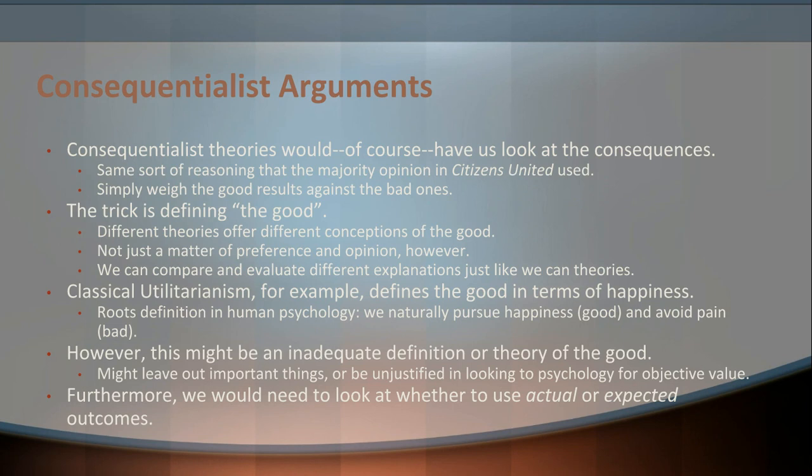Classical utilitarianism is largely rejected precisely because it has an inadequate notion of what goodness is. It doesn't have a good definition or theory of the good. It doesn't adequately explain what it means for something to be good. Because there's a lot of things besides just pleasure and happiness that we human beings value, or that we think we ought to value.